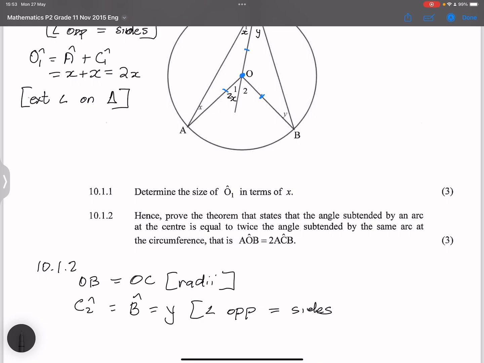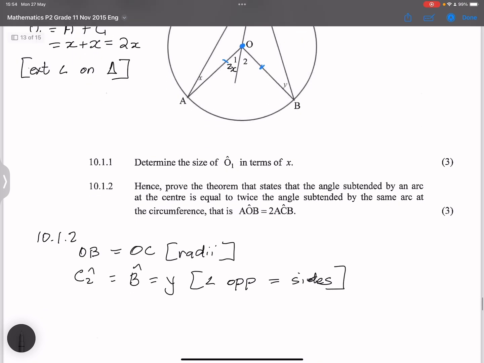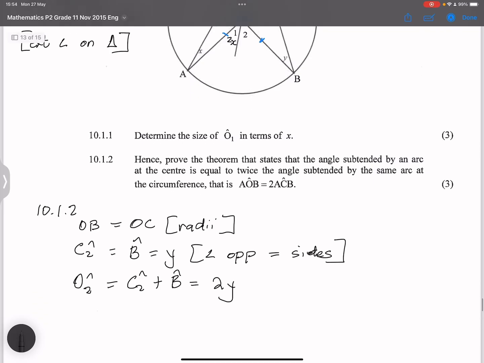Now please note, ladies and gents, for the same reason, angle O2 will be equal to C2 plus B, which is equal to 2y. So it will be y plus y, which is equal to 2y.